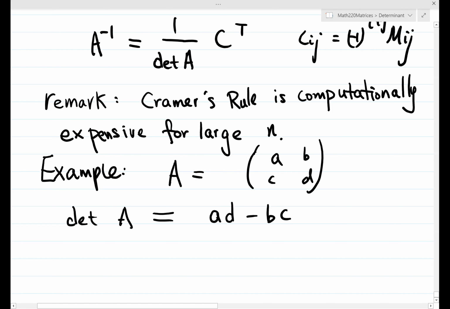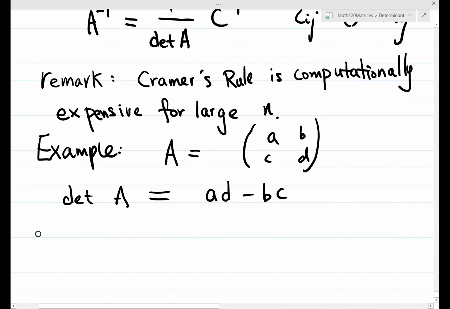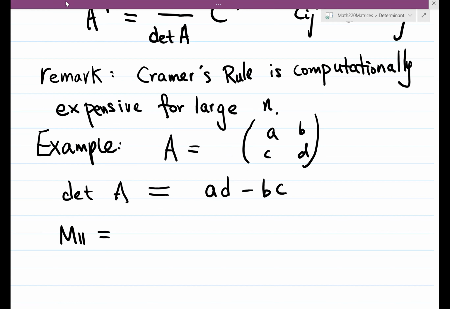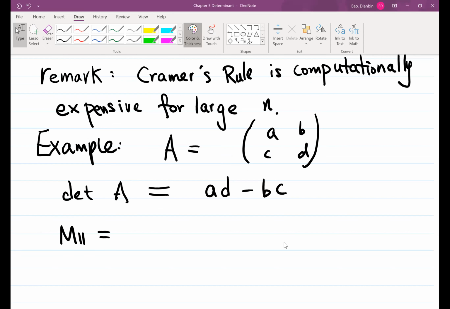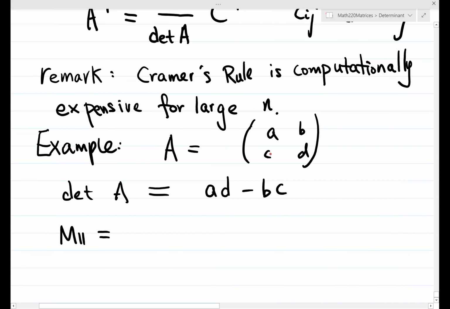Now let's find the minors. The minor M11 of matrix A: we delete the first row and the first column. Let's use red. If you delete the first row and the first column, then the remaining thing will be d. So M11 will be d. Now M22, let's use another color.